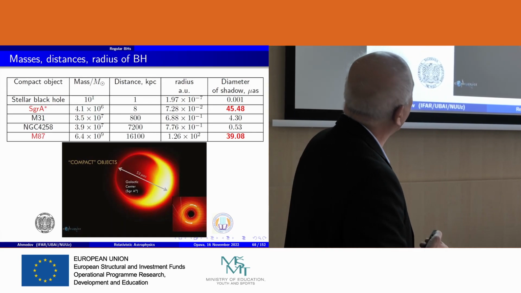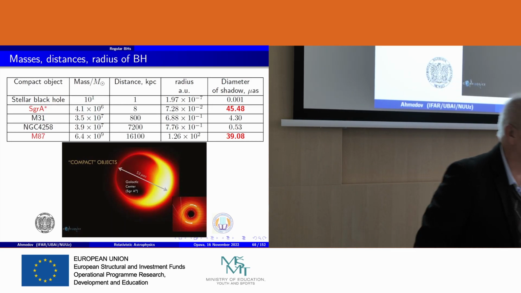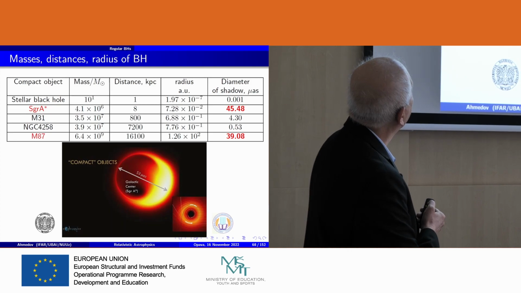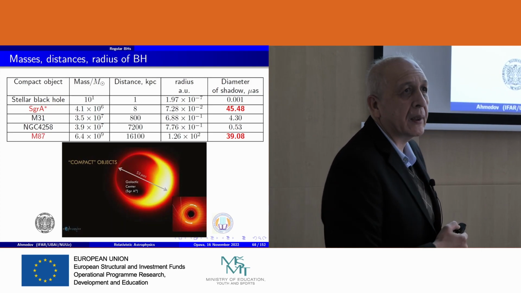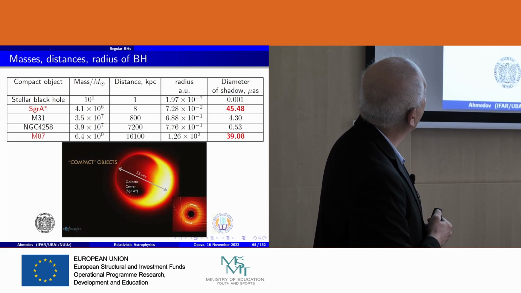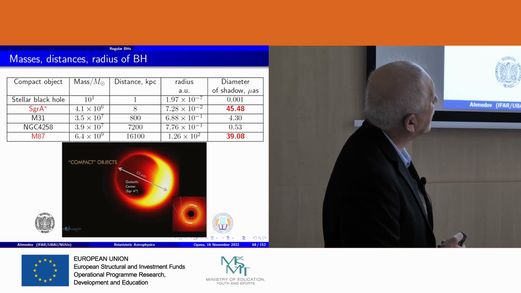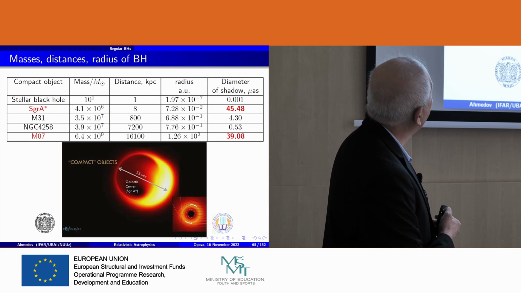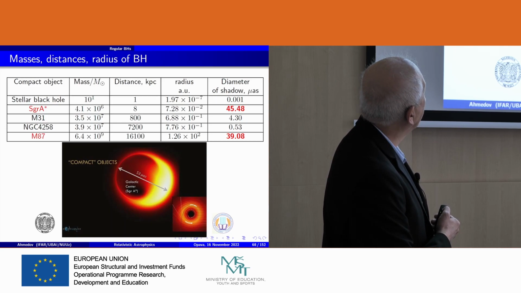So, from the whole set of the stars which we have in the space, we have only two objects which are interesting for us. One of them is Sagittarius A star, which is in the center of the Milky Way, in the center of our galaxy. It has a size of about 45 microarcseconds. And the other one is in the center of the elliptic galaxy Messier 87.